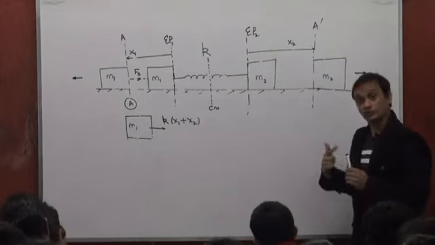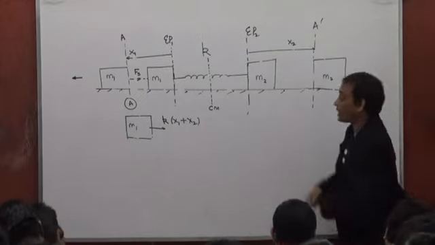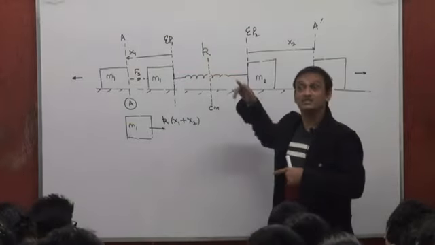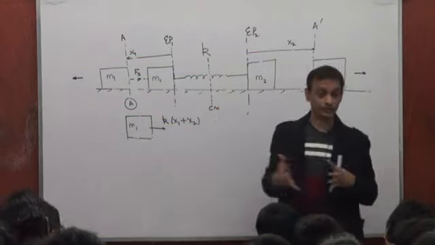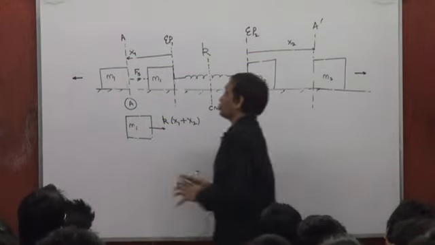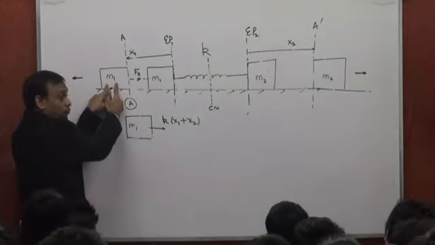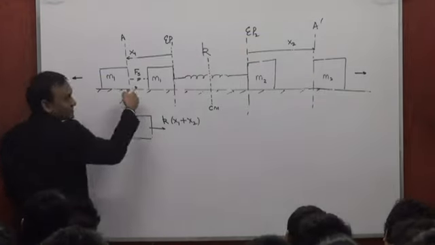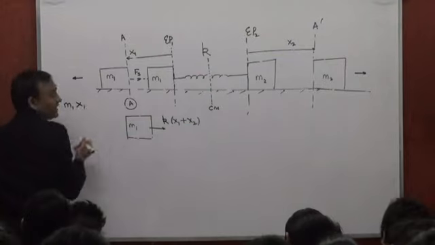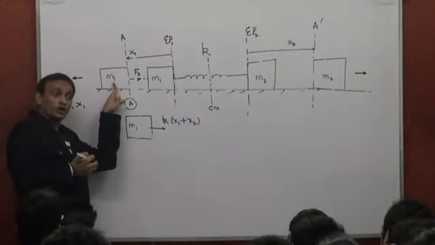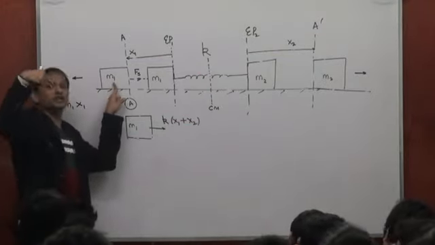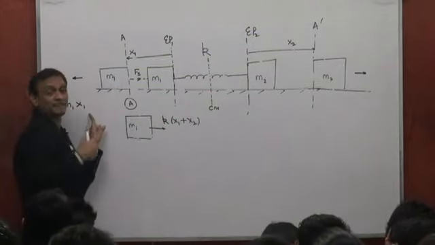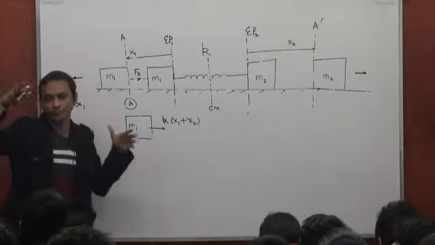So then, in our attempt to compute the position of the center of mass, summation mixi by summation mi, between this state and this state there would have been an increase of m1 x1. The incremental contribution made by this one, when this moves to the left, is m1 x1 to the numerator of mixi.